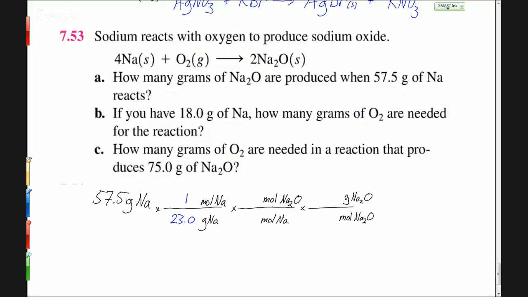So in there we put 23 grams per mole from the periodic table. The equation tells us 4 to 2 here. And then finally, sodium oxide, that's going to be 46 and 16, which is 62.